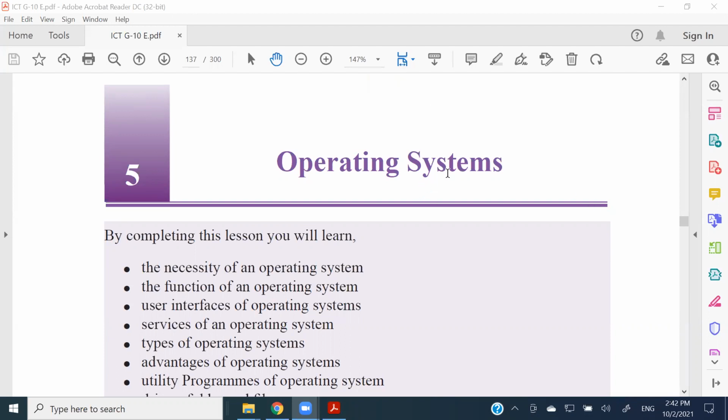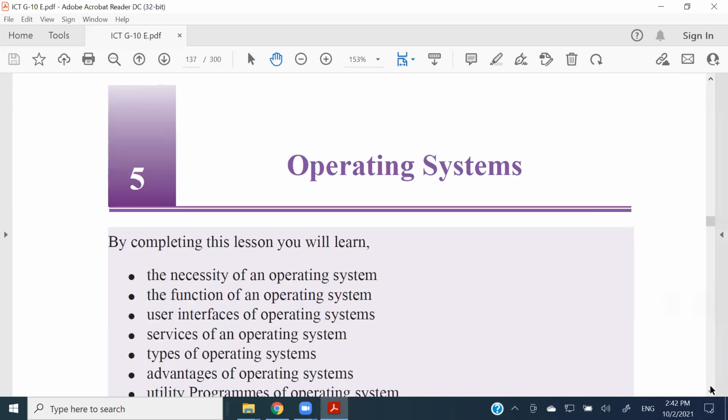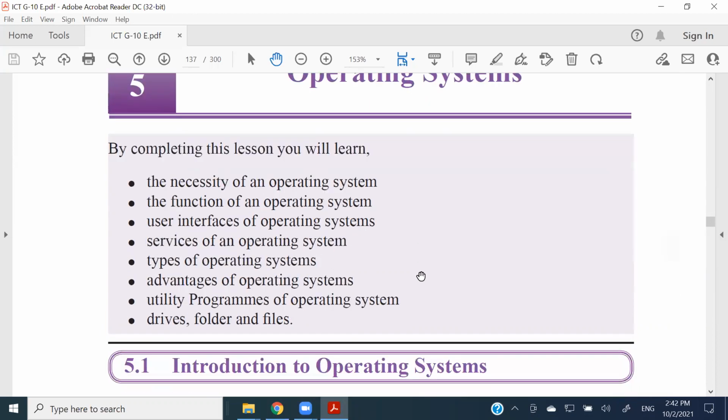So in operating systems, we need to talk about the necessity of a particular operating system, what an operating system is, and what kind of functionalities an operating system can have. Those are the things we are going to learn.